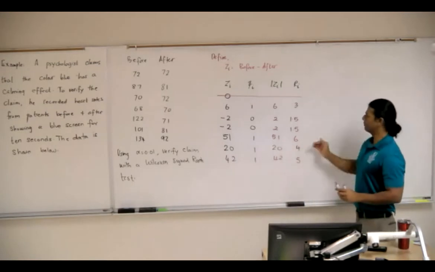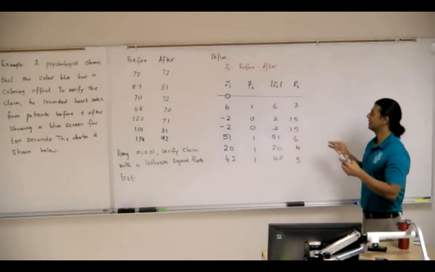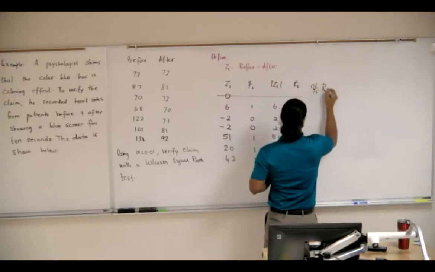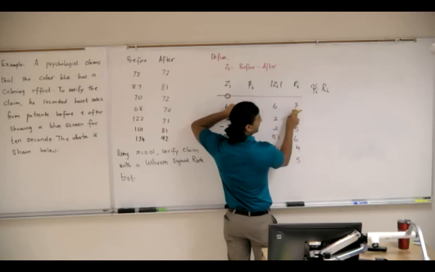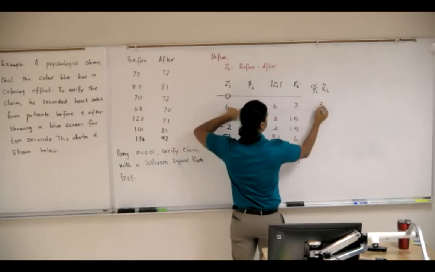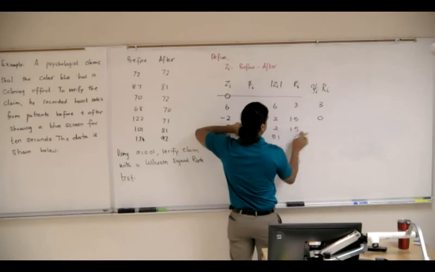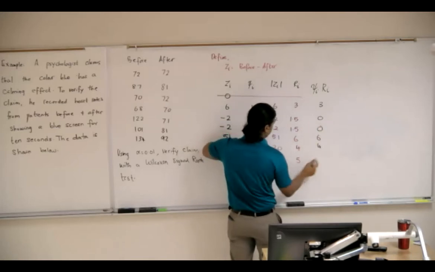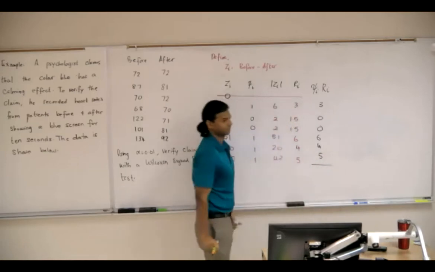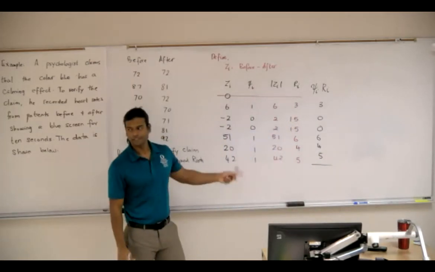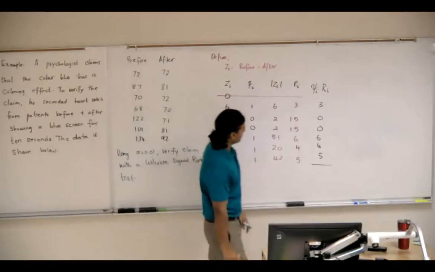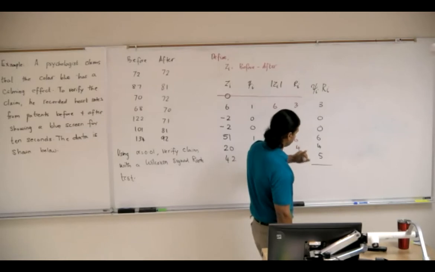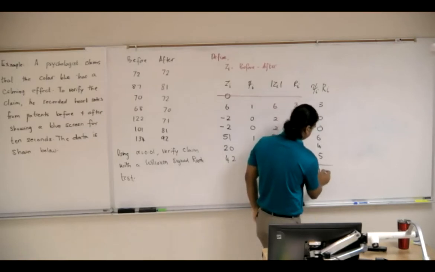So by all means, we just have to add the sum of positive ranks, which is the same as saying I multiply psi i with Ri, so 1 times 3, 3, 0, 0, 6, 4, 5. Add them all together. 6 plus 3, 9, 9 plus 4, 13, 13 plus 5, 18.